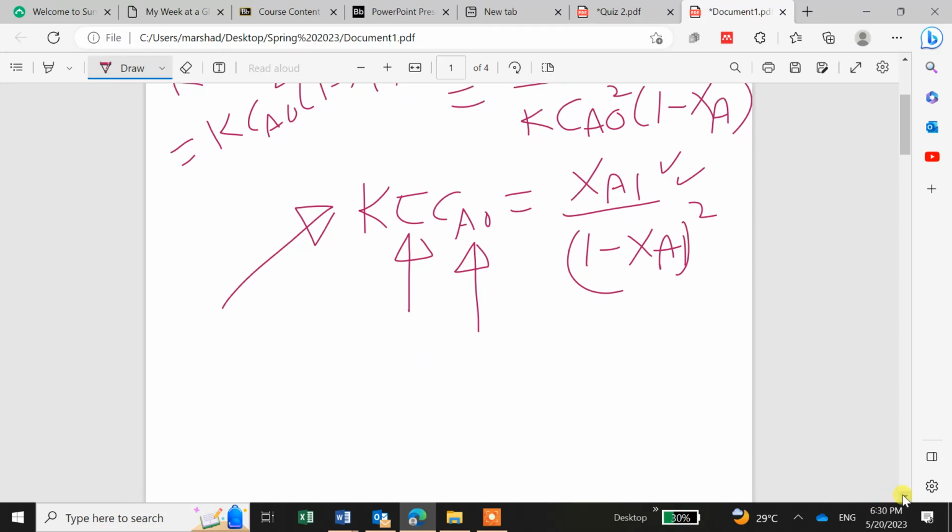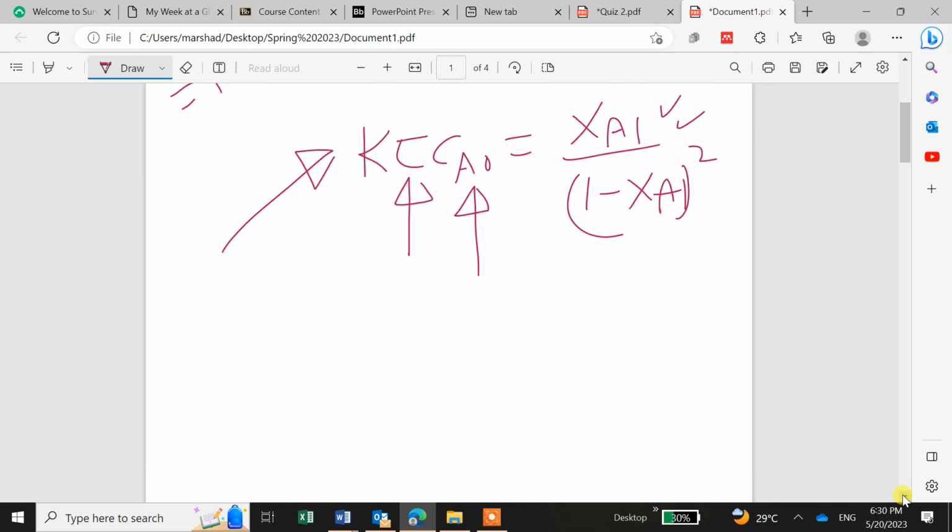Now we need to compare experimental and theoretical conversion of tank 2 and tank 1. So for tank 2, this will be the equation. You have used it, okay?